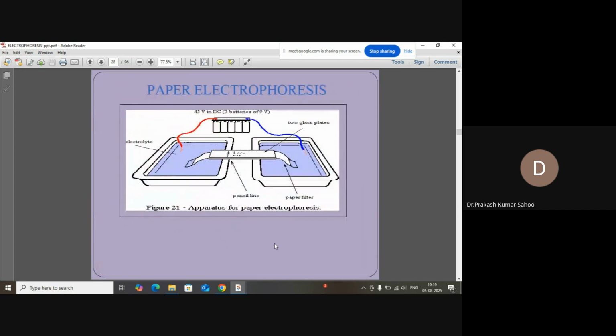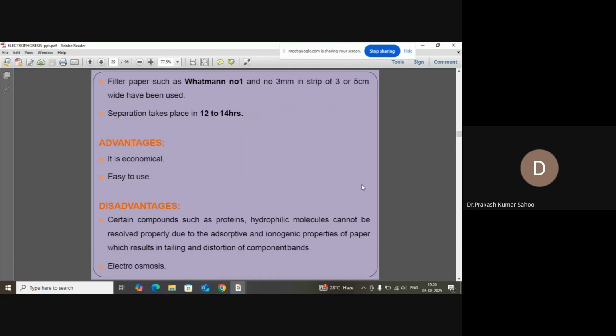isotachophoresis. This is paper electrophoresis, where paper is used and the sample is placed on the paper, and when both sides of the paper are connected with different electrical conduction, accordingly the ions pass through the paper.